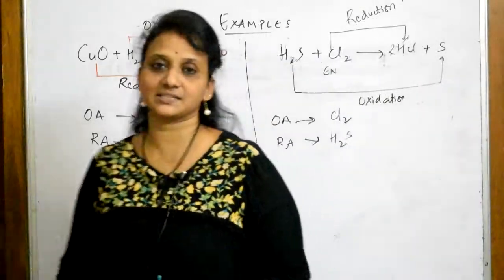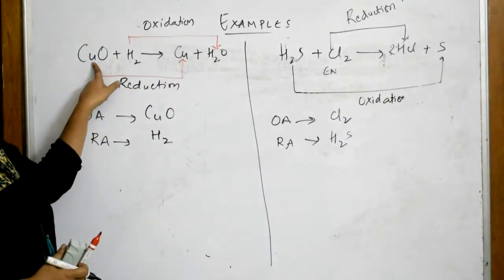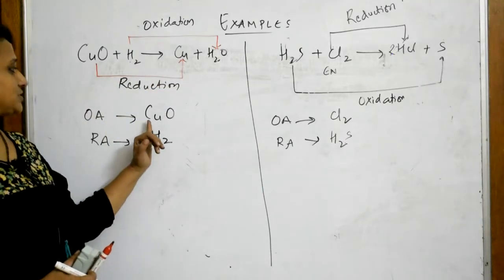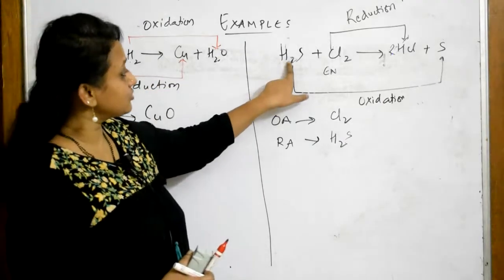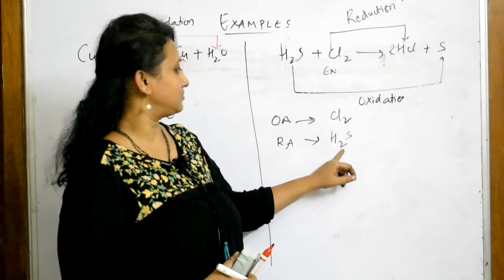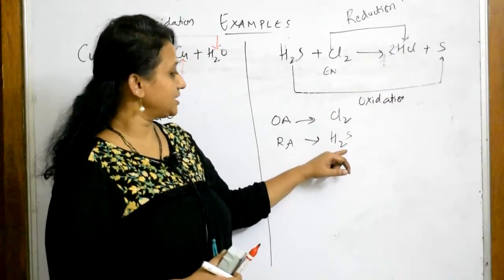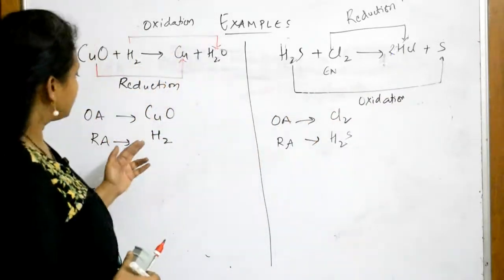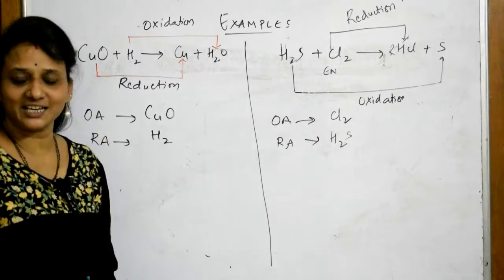No confusion, let us understand. The substance which provides oxygen is the oxidizing agent. The substance which provides hydrogen is the reducing agent. If this is reducing agent, the other becomes oxidizing. If this is oxidizing, the other becomes reducing. Simple, isn't it?